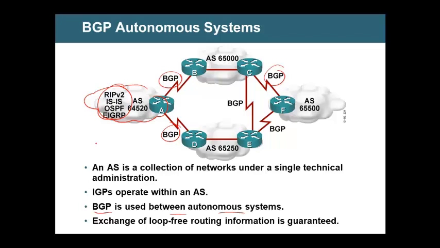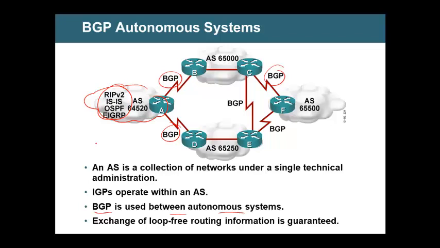RIP, split horizon is there, and an infinite metric of 15 is there to prevent loops. So for every protocol you have a loop prevention mechanism. Whether it is BGP or IGP, they don't form loops. You have guaranteed loop-free route information exchange.